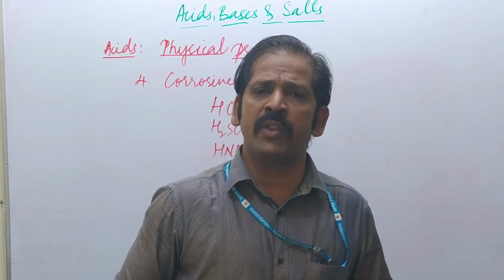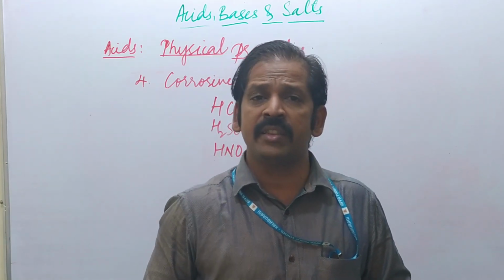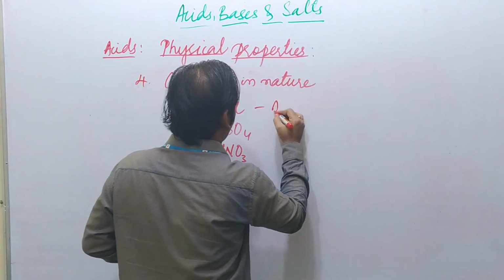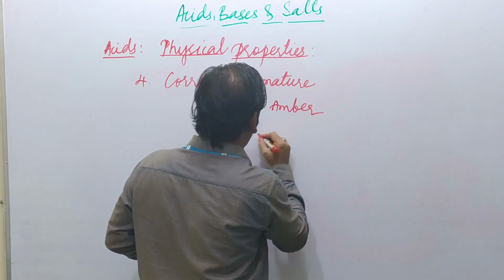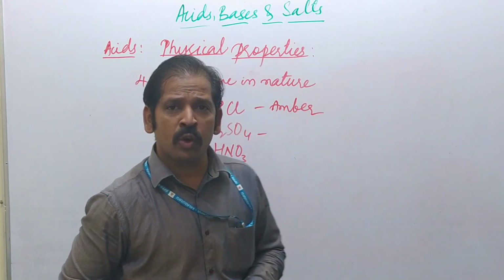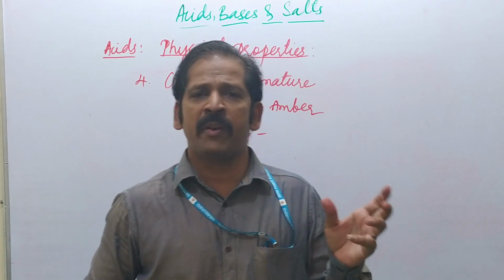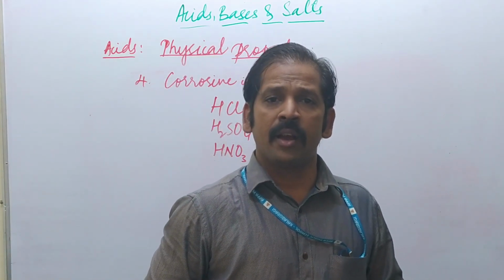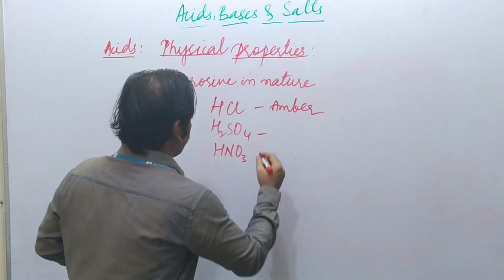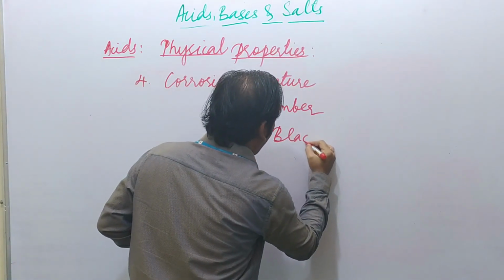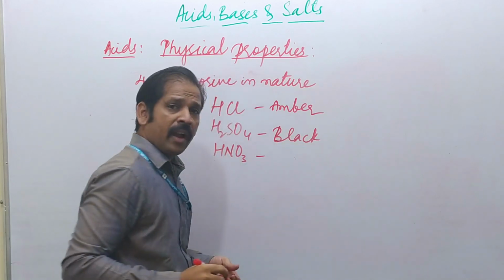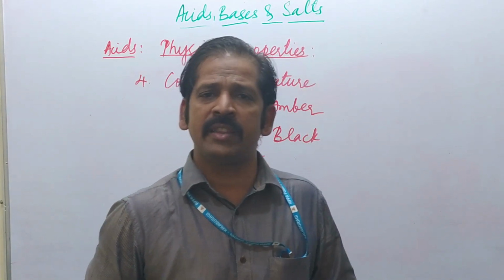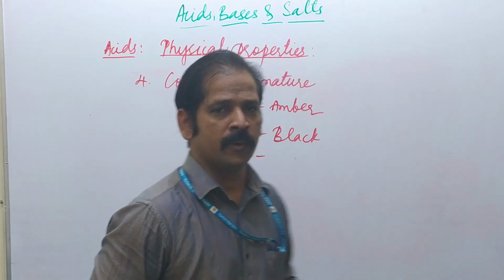When HCl falls on the body, the color of the skin changes to umber. When H2SO4, sulfuric acid, falls on the body, the color of the skin changes to black. And when nitric acid falls on the body, the color of the skin changes to yellow.